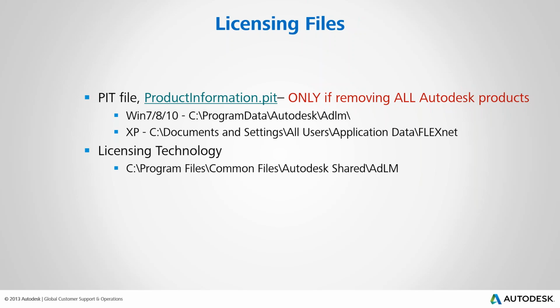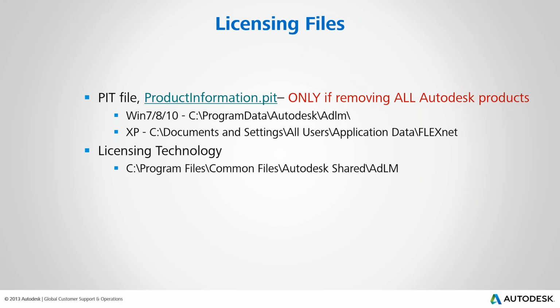So you can open those up, and if you see any stuff about corrupt PIT file or something missing from the PIT file, that's a pretty good indication that there's something wrong with that product information.pit file, and you're likely going to need to do an uninstall and delete that product information file, and then reinstall. But at that point, I would probably encourage you to contact Autodesk support and see if there's anything else we can do short of doing that, because uninstall and reinstall is not always super fun to do.